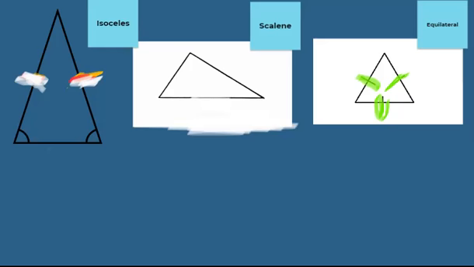So this is one way you can remember all of the triangles and their names. And this just might be a little bit easier for you to remember their names if you are somebody who doesn't really remember them a lot. So yeah, there's not really anything else that you can do with this concept. It's just that you have to know them.